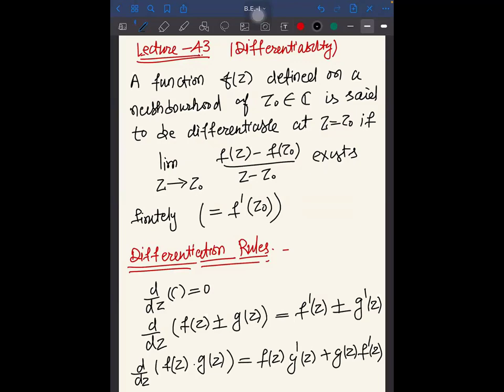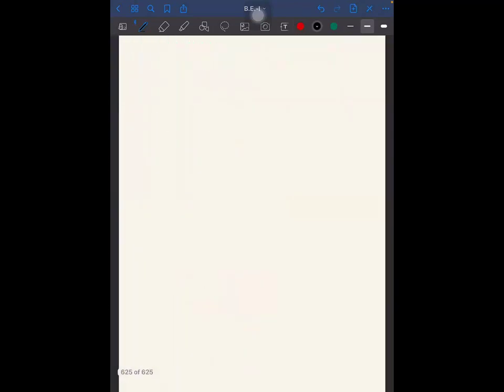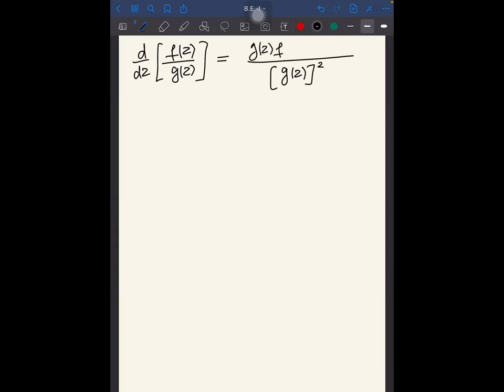And further, we have the quotient rule: d by dz of f by g is g(z) times f dash z minus f(z) times g dash z, all over g(z) square, given that g(z) must be non-zero.